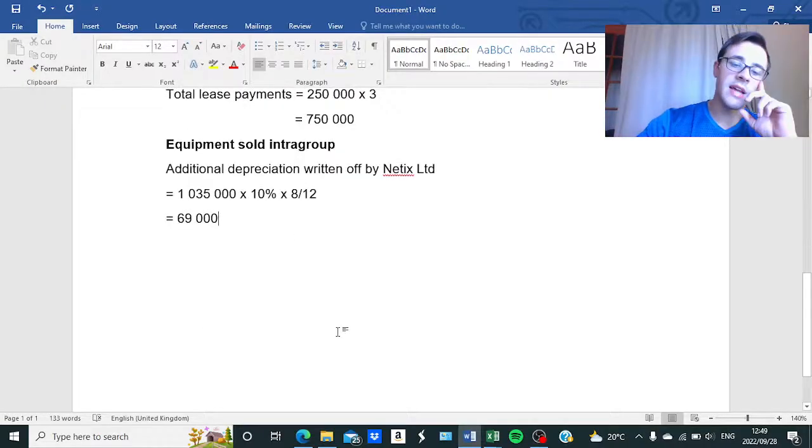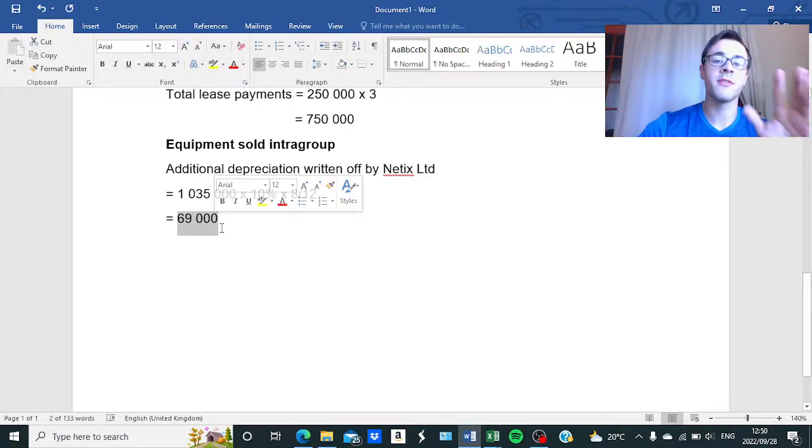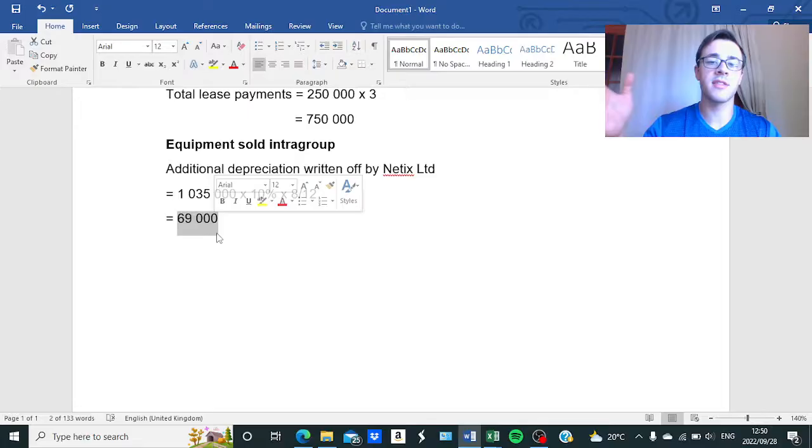Now, this amount covers the period from 1 April 2019, which is in the pre-acquisition period, up until the 30th of November 2019, which is in the post-acquisition period. So therefore, there is one portion of that 69,000 that pertains to the pre-acquisition period, and the other portion pertains to the post-acquisition period.